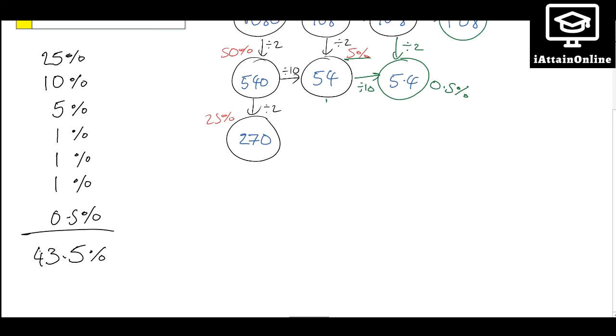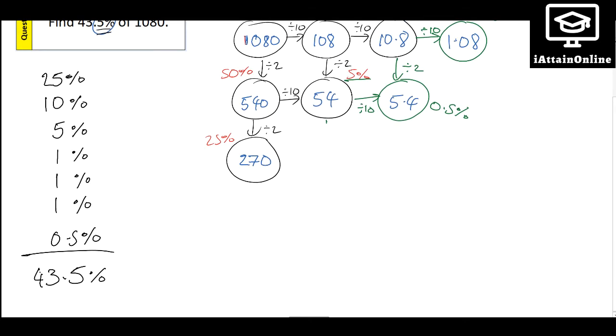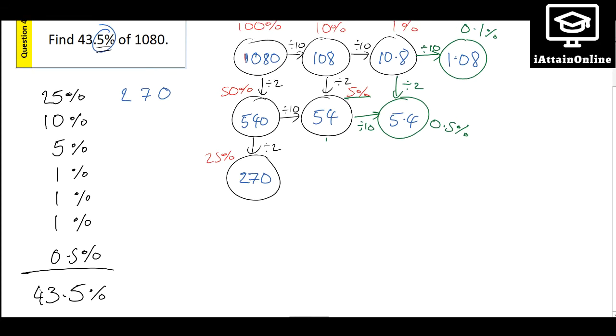So 43.5%. Now if I just put in those percentages, the 25% was 270, the 10% was 108, the 5% was 54. Remember, it's important to line everything, all the units, the tens and the hundreds up when you do this.